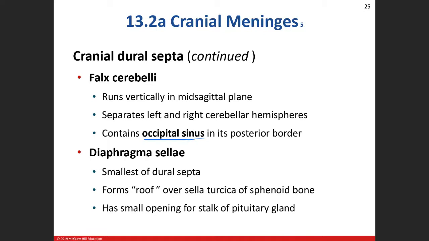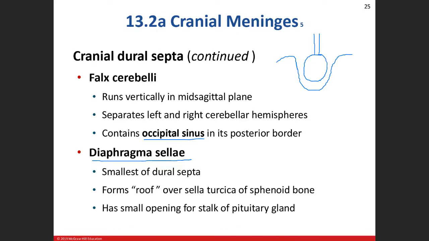And finally, one of my favorites, the diaphragma cellae. This is what sits over your pituitary gland. Remember, you had the sella turcica, which was like this saddle-like structure, okay, that sat in the sphenoid bone, and the pituitary gland sits down here. And you got the infundibulum that comes up.